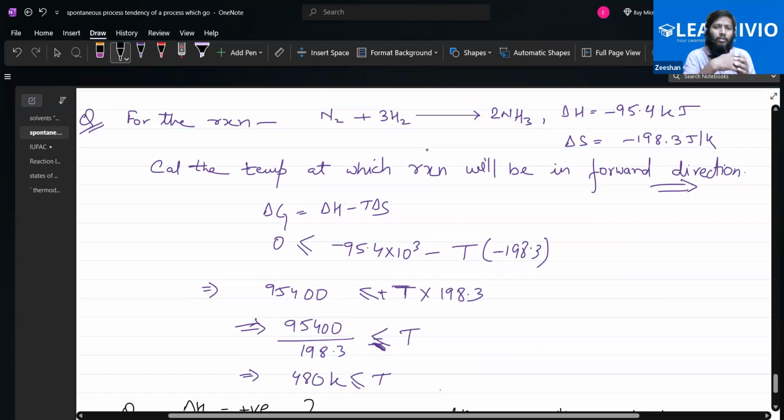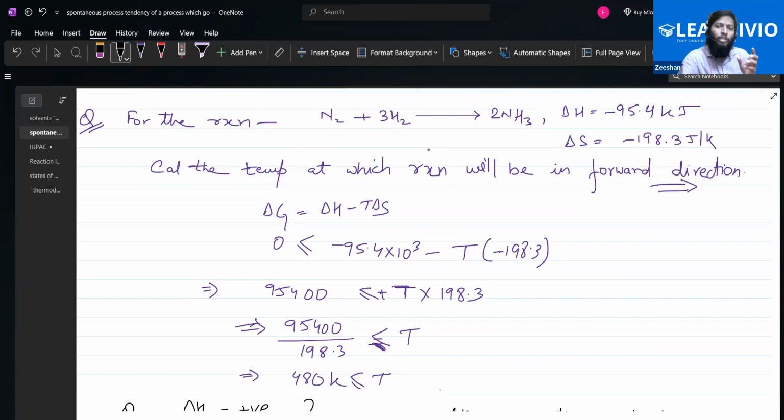Please remember, you just have to use the formula and the logic that delta G should be negative for a spontaneous reaction. And you have to use your mathematical calculation, and that is it. Okay.